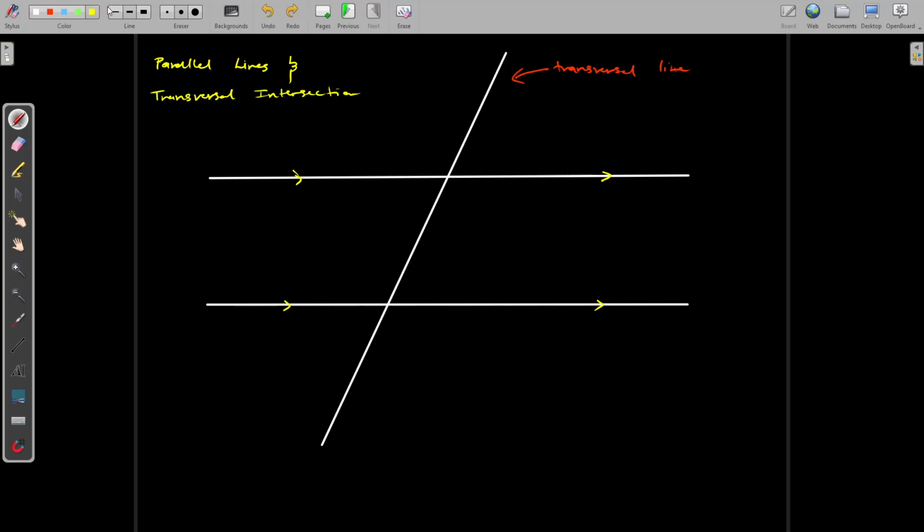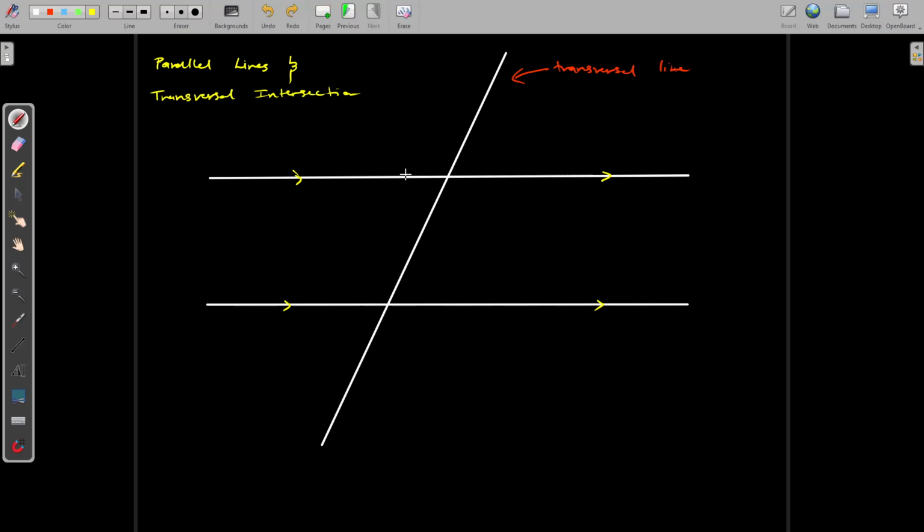Many properties. So if we're looking at, let's say, the top part up here, we can identify angle on a straight line right here. We can also identify angle at a point. Angle at a point measures 360, so the entire angle up here will measure 360 degrees.